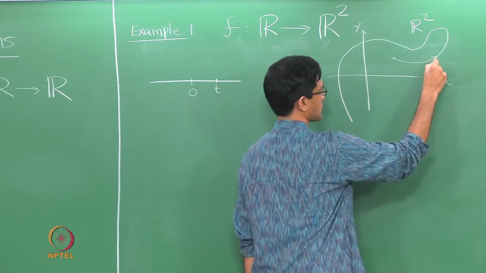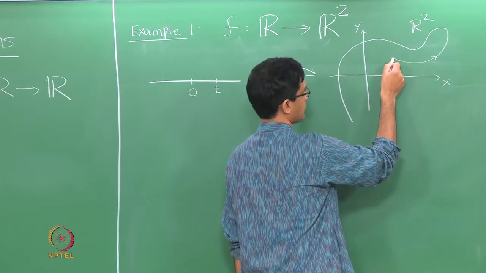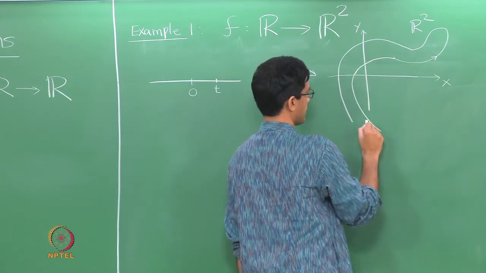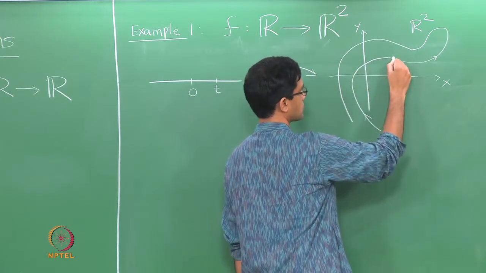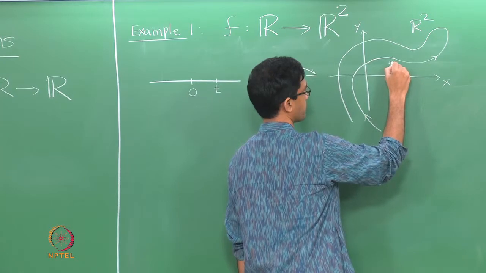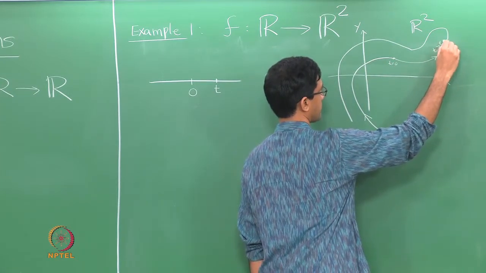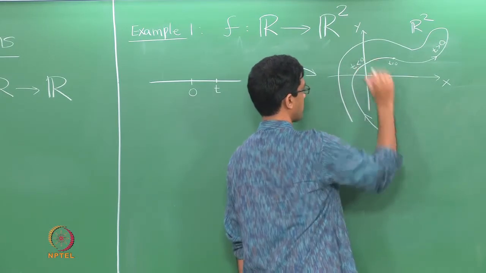But of course here we also have t negative. T can also go all the way to -infinity. So maybe it traces out some curve like that when time goes from -infinity to 0. This is the position at time t equal to 0. These are the positions it traces out when the time is positive, and these are the positions where the particle was when time t is negative.